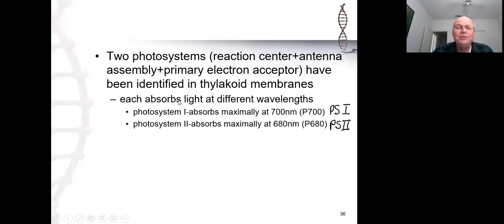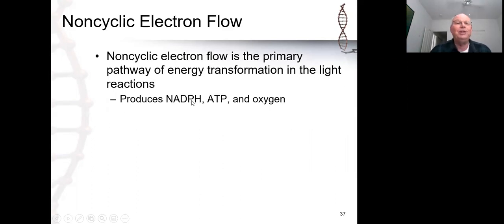So how do these photosystems go about capturing or driving the capture of high energy electrons? Well, it turns out that it requires the cooperative function of both photosystems to generate the high energy electrons necessary to reduce NADP plus to NADPH.